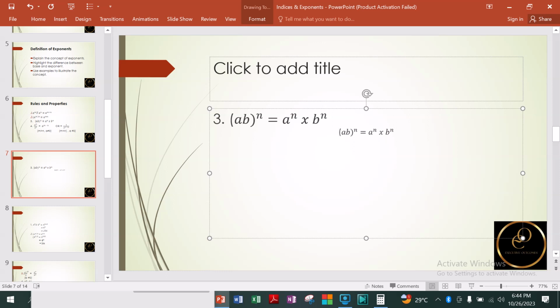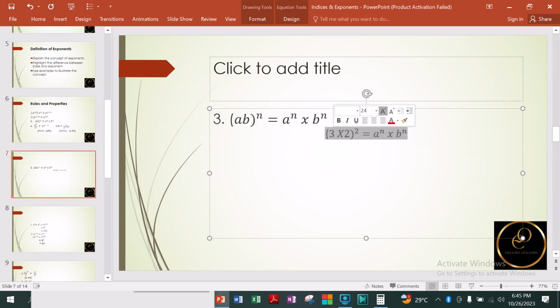So let's say you have, for instance, 3 multiplied by 2, and this product is raised to power, let's say, 2. Okay. What are we going to get?